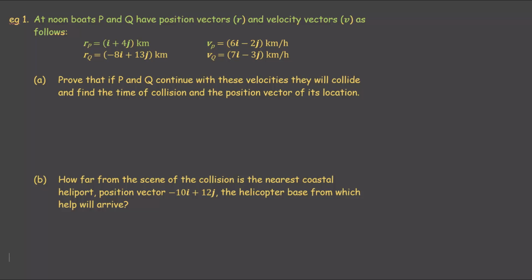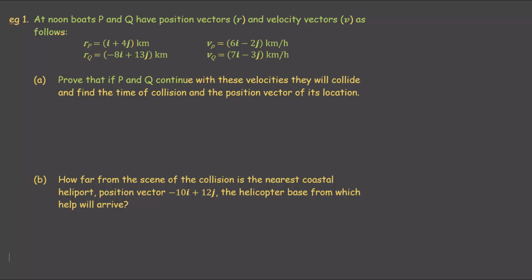Its velocity is 6i minus 2j kilometers per hour, which means each hour it's going 6 kilometers east and 2 kilometers south. For Q, the initial fixed position is negative 8i plus 13j kilometers, and the velocity is 7i minus 3j kilometers per hour.